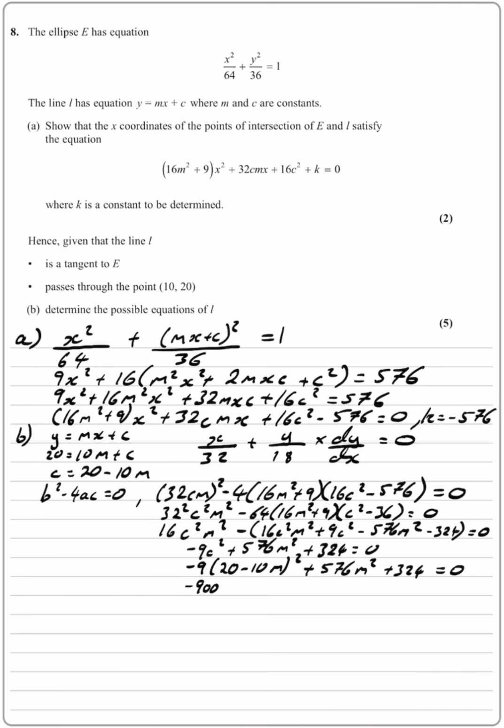And then squaring the 20 minus 10m, taking a factor of 100 out, we get minus 900 lots of 4 minus 4m plus m squared plus 576m squared plus 324 is equal to 0. And that all boils down quite nicely to 9m squared minus 100m plus 91 equals 0.